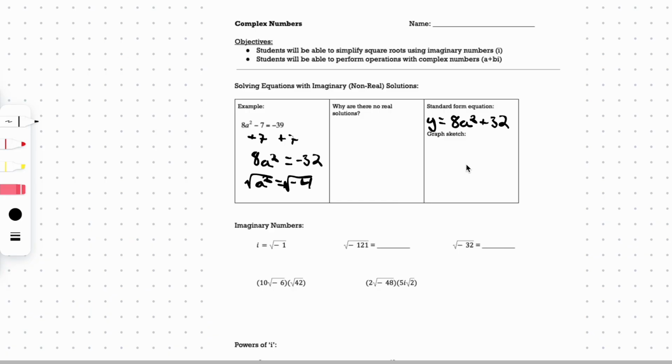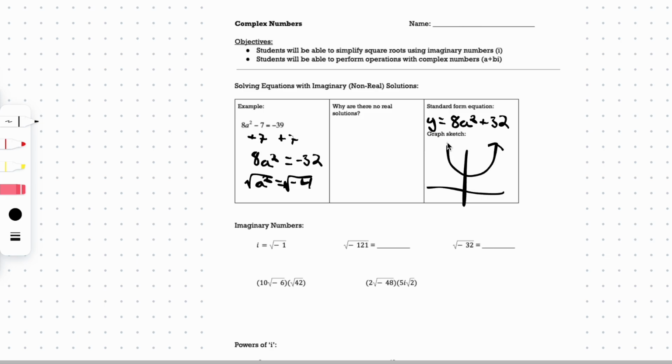So if we have a graph, it's going to look something like this. We have a positive coefficient in front of a squared, so it's going to open up, and our y-intercept is (0, 32).